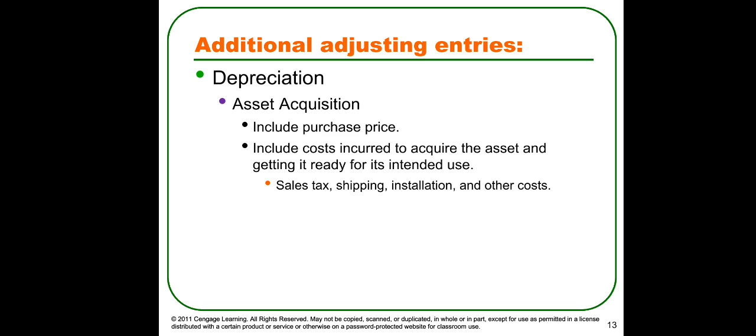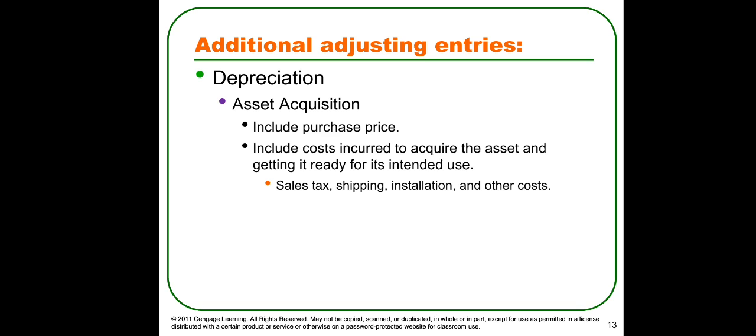When a business purchases or acquires a fixed asset, the value of the fixed asset that has to be recorded should include the purchase price plus the cost to acquire the asset and get it ready for its intended use. Okay, see the 2 points in the slide.